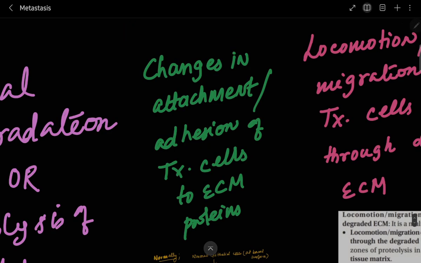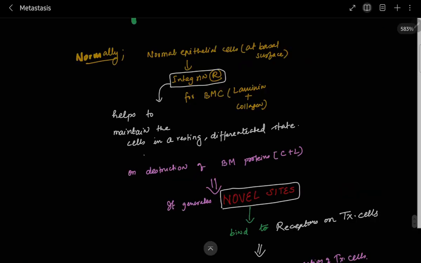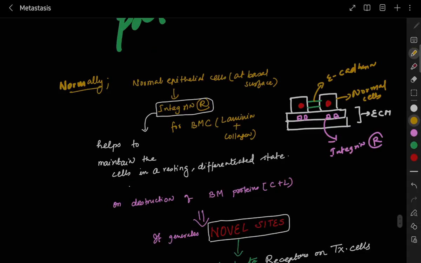Now the third part is changes in attachment or adhesion of tumor cells to extracellular matrix proteins. This is very important to understand. Normally, there are normal epithelial cells. I have drawn a diagram for you.